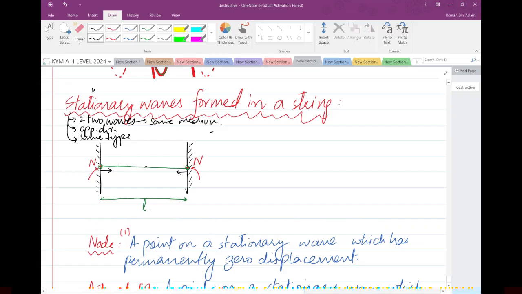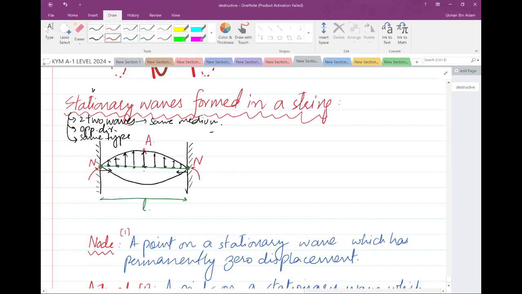I will see that there are many particles present on the string, and we will observe all these particles being displaced vertically upwards. And then after some time, all these particles are going to move in the downwards direction as well. So the particle that reached the maximum position will be an antinode.